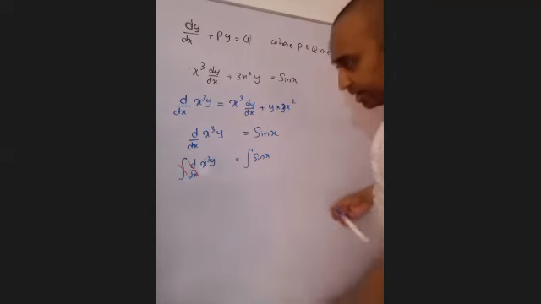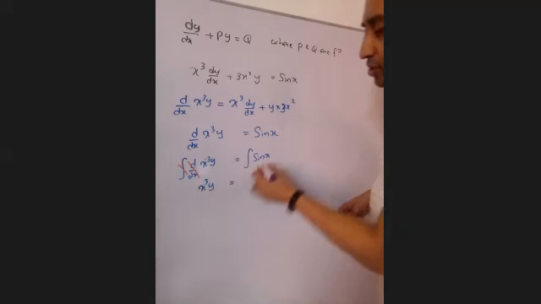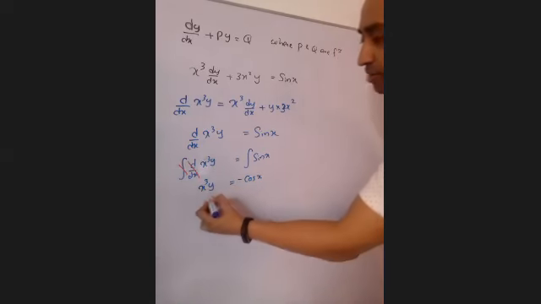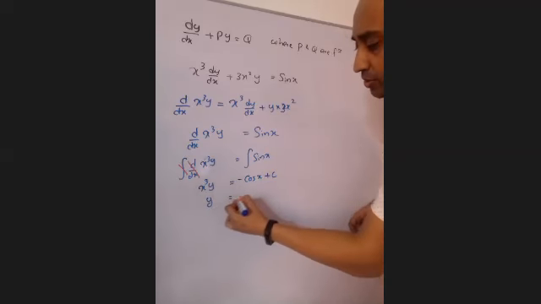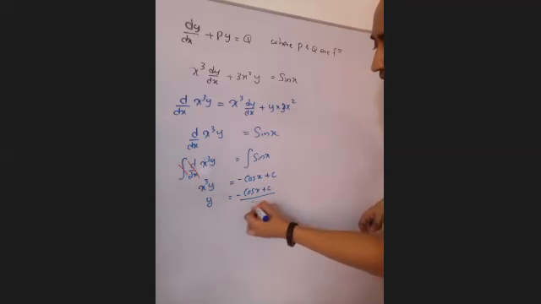So simply it turns into x cubed y equals the integration of sine x, which is minus cos x, plus c. Then you can write y equals minus cos x plus c, divided by x cubed. That's the final answer for that.